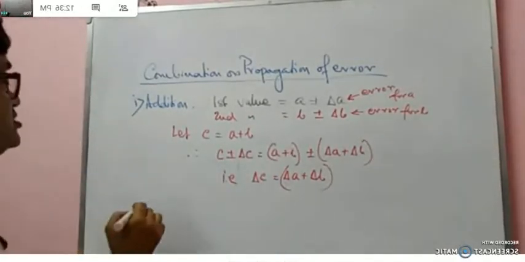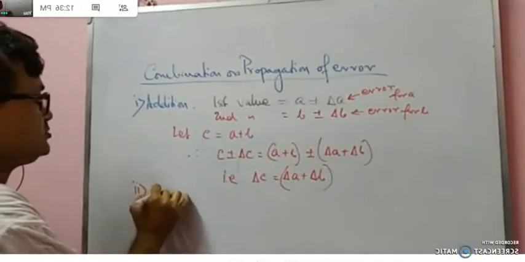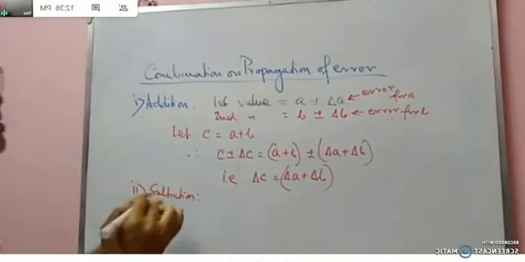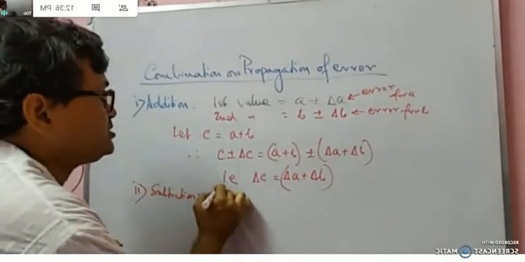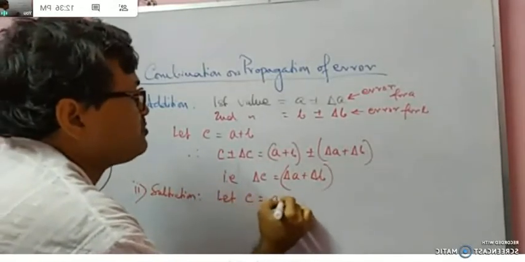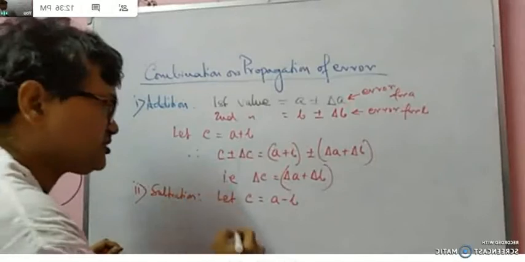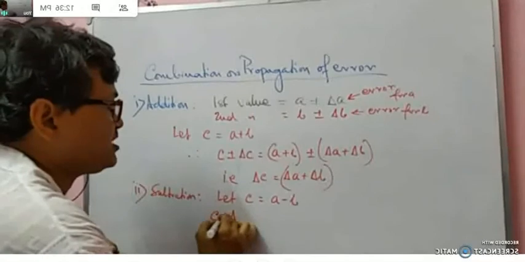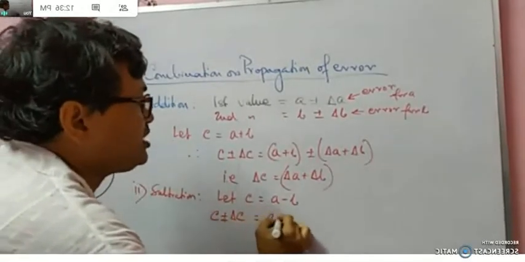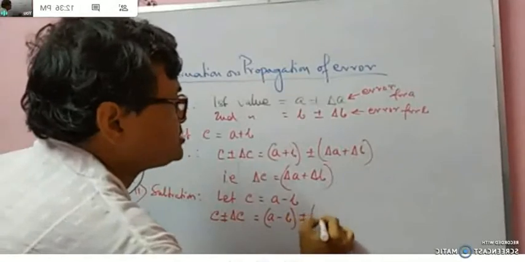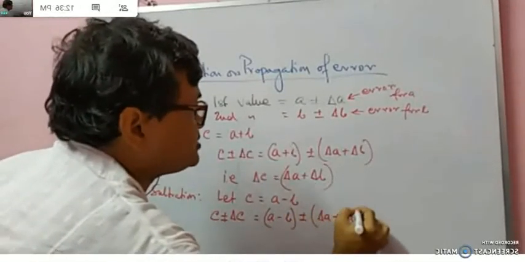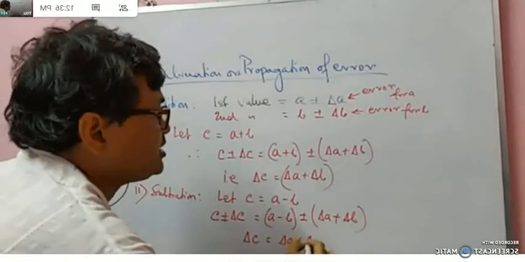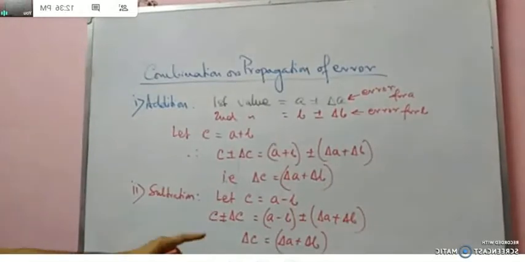Now go for subtraction. For subtraction it is the same thing, only we take the difference. Let C equal to A minus B. In the same way, we write C plus minus delta C equal to A minus B plus minus delta A plus delta B. Again, delta C equal to delta A plus delta B. Again this value will come because error is never negative.